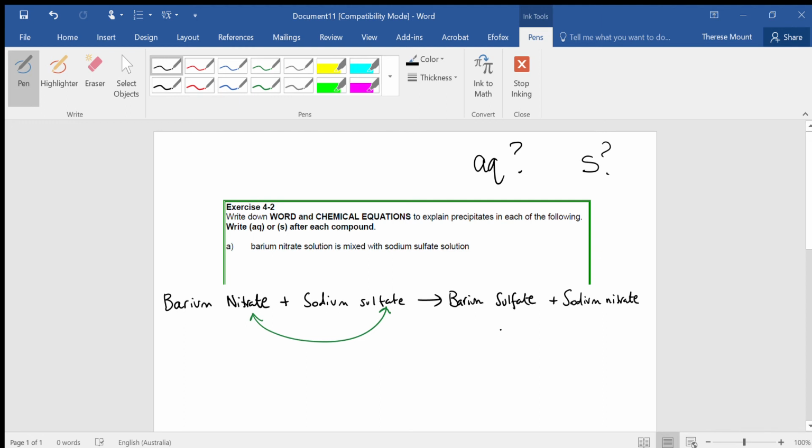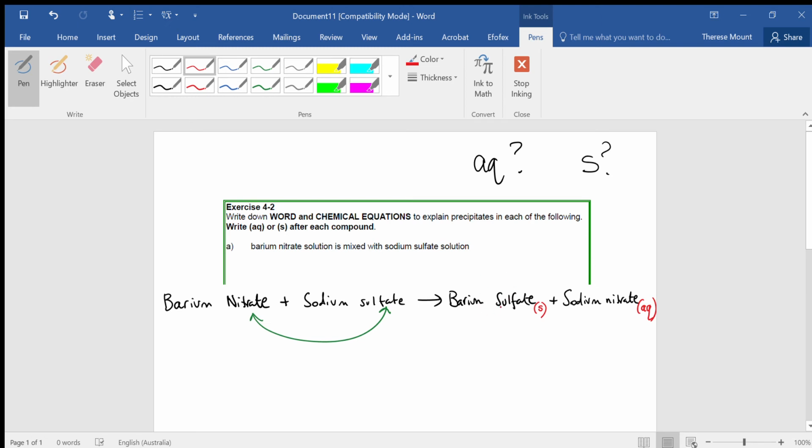You look through all the names. It takes a bit of practice to get used to it, and you will discover that sodium nitrate is aqueous and barium sulfate is not dissolvable in water. It actually forms a solid. So this is going to be my precipitate.